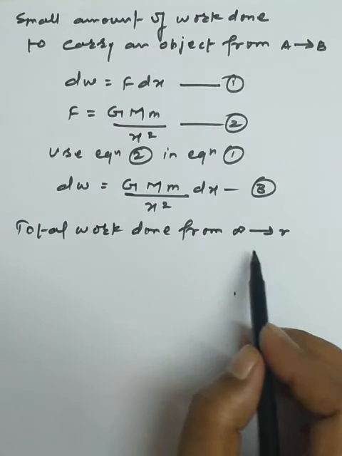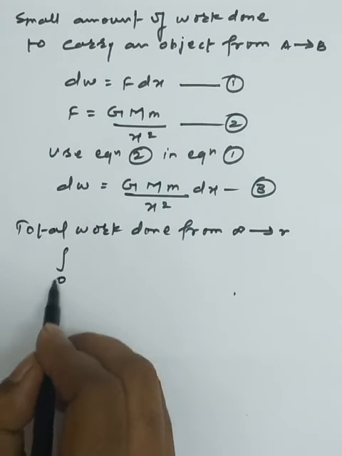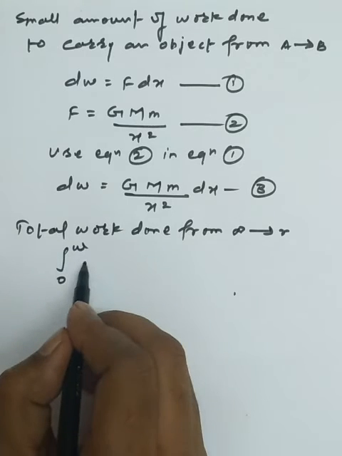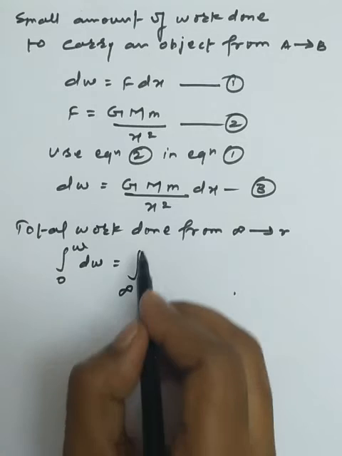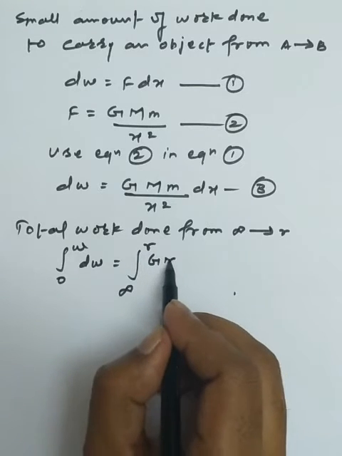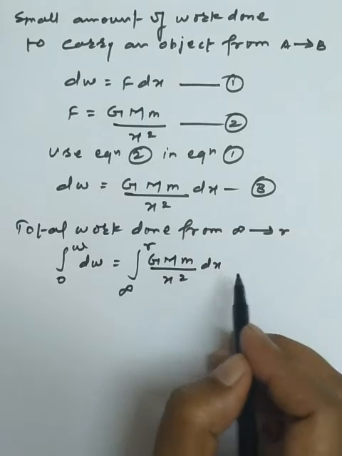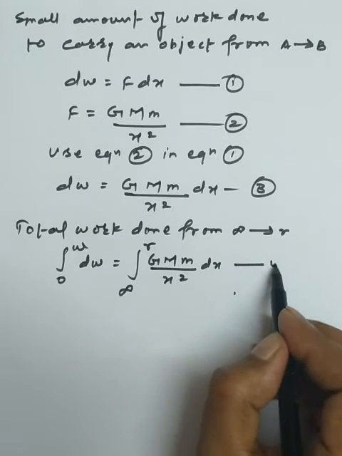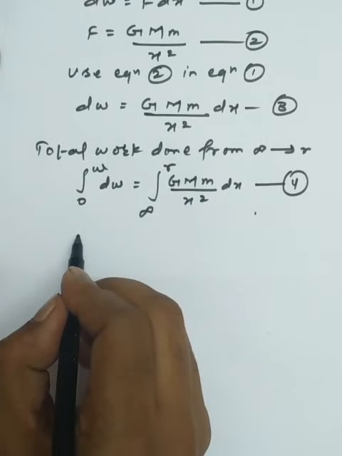Now the total work done from infinity to r. Here we approach the limit. On the left hand side we have the limit 0 to W, dW, and on the right hand side the limit infinity to r, G M m upon x square dx. So this is equation number 4, as we solve it.